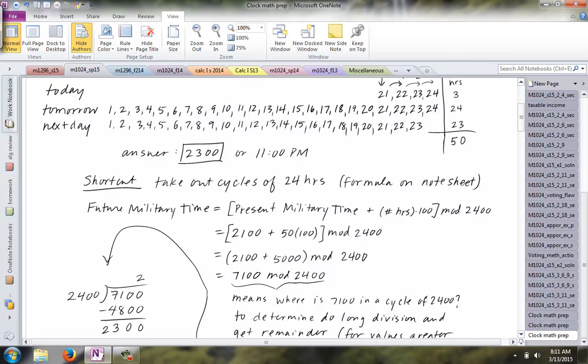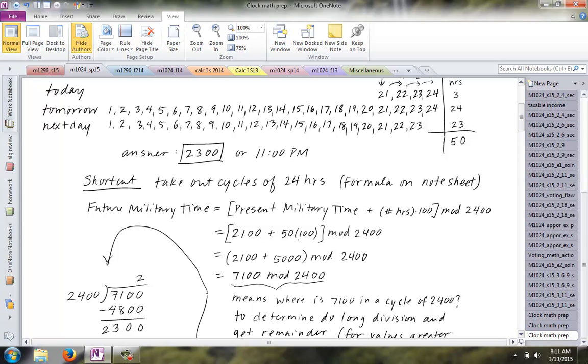A shortcut for this is we could use this formula, which, plugging in the stuff we have, the number of hours that we wanted to go into the future was 50, so that's what you'd plug in. You guys see where I am, like the 50 here? You plug that in times 100, because in military time we just put it as a whole number and don't have the colon part, so that puts it into military time with the hundreds.